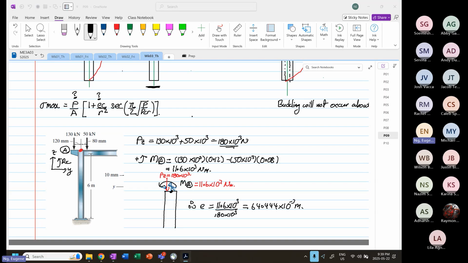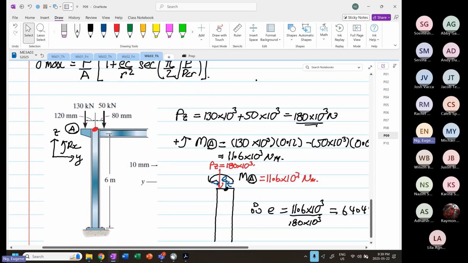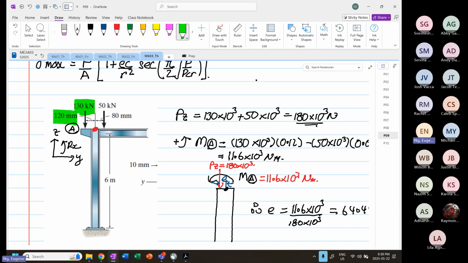I'll repeat the analysis again. Watch here. We have two loads. One is 130 kilonewton at a distance of 120, or 0.12 meters.